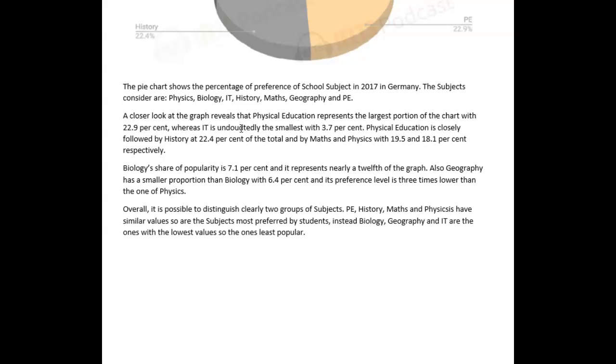Biology's share of popularity is 7.1%, and it represents nearly a 1/12 of the graph. Also, comma, geography has a smaller proportion than biology with 6.4%, and its preference level is 3 times lower than that of physics. Okay?